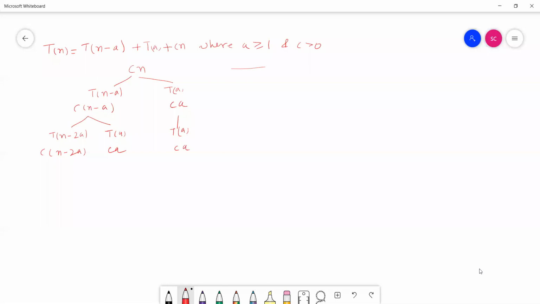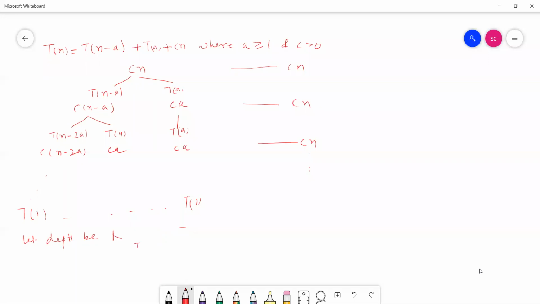So if you calculate at this level, I'm getting Cn work. Here also Cn minus Ca, so Ca is cancelled, again Cn amount of work. Here also again Cn amount of work. And this will terminate when we get T(1). So it means that T(n minus ka), suppose at the kth level, let depth be k.